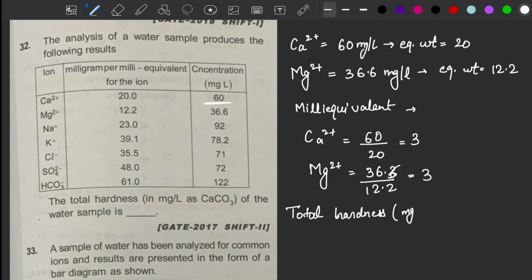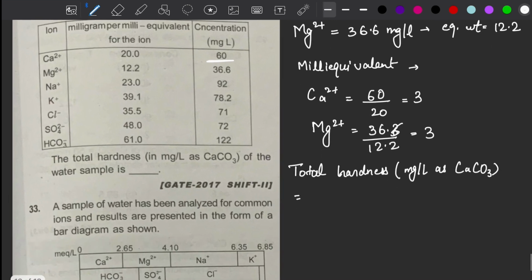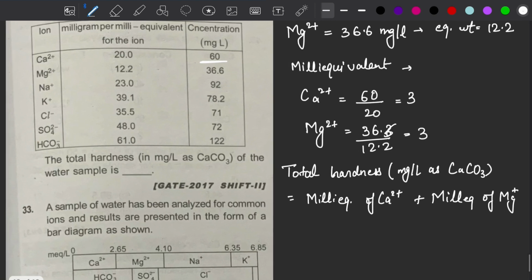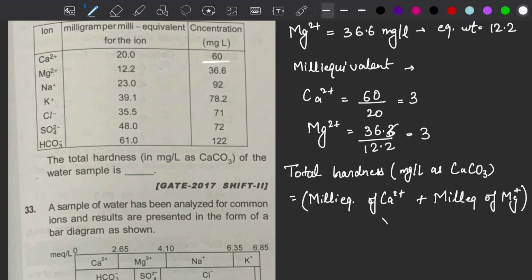It will be equal to milliequivalent of calcium plus milliequivalent of magnesium, multiplied by the equivalent weight of CaCO3.